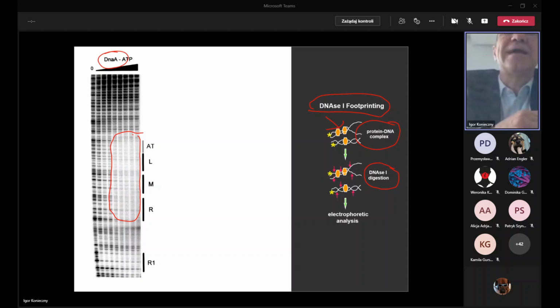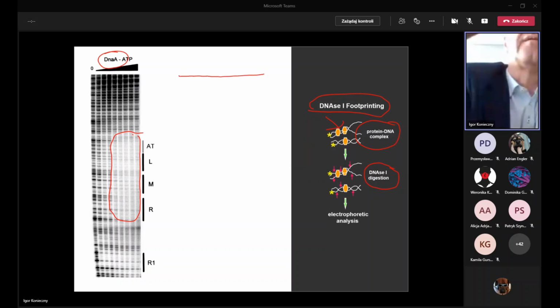So actually you collect hundreds or thousands of DNA molecules which are labeled at the end and cut, usually, on one side.